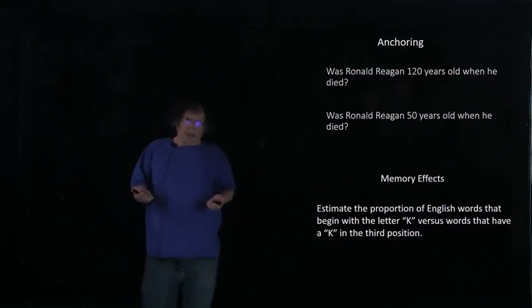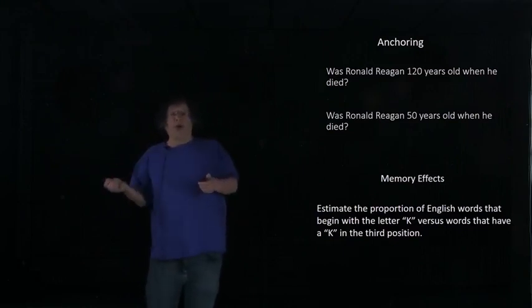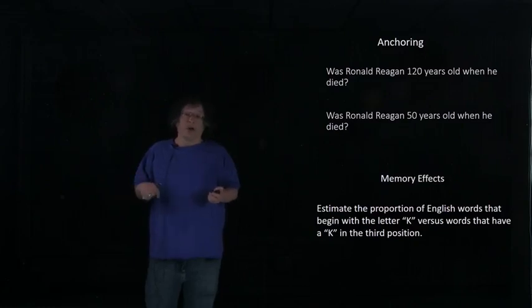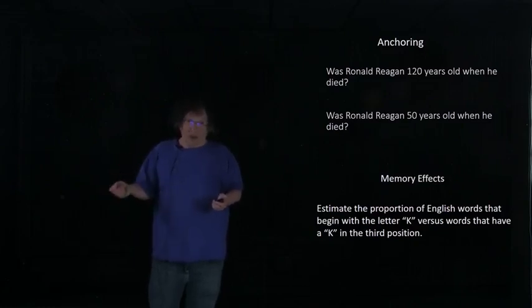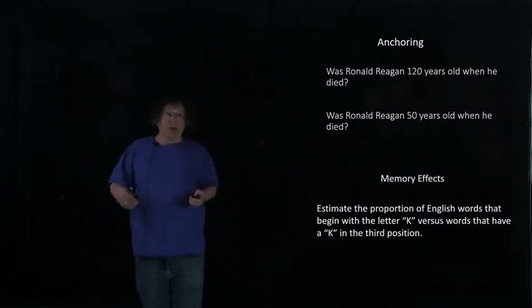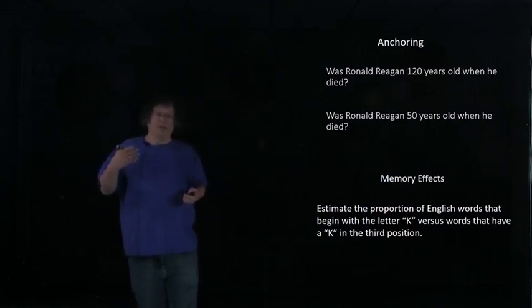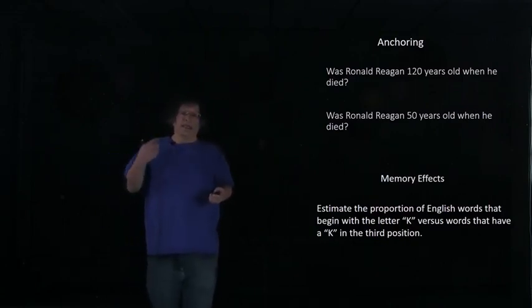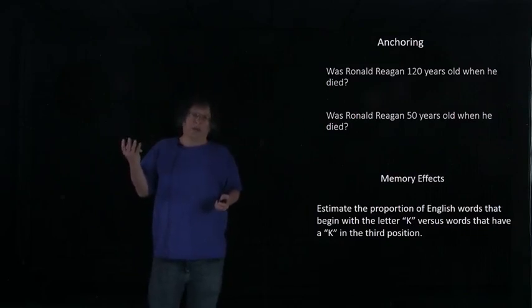Now, as it turns out, there are more words in English with K in the third position than there are words with K in the first position. However, the structure of our memory for words seems to be indexed by first letter, maybe first sound.